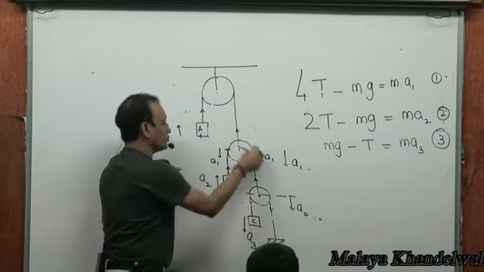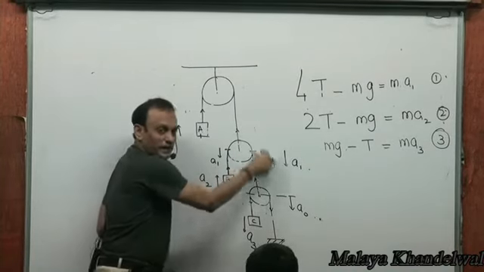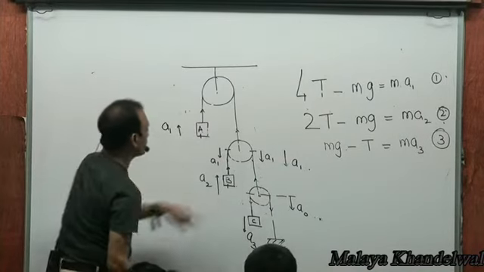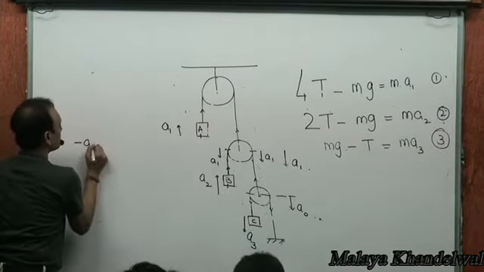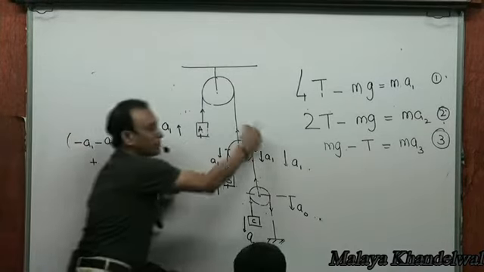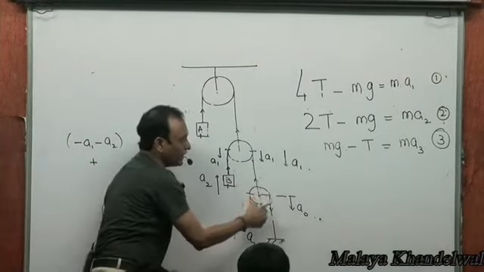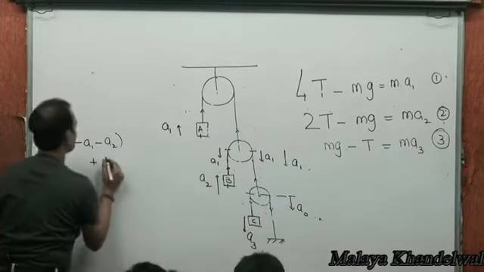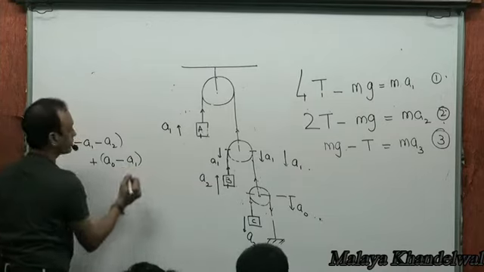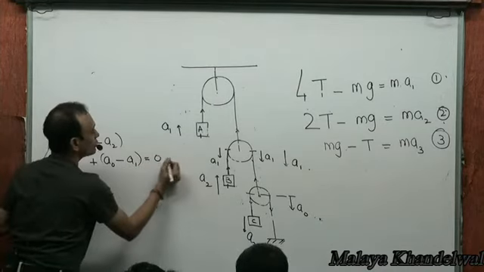Now I go with this string. I apply the string constraint to this. What do I get? I go this way. Minus A1, minus A2, plus wrap up length, I don't bother, A0 minus A1, all of this must add up to 0.